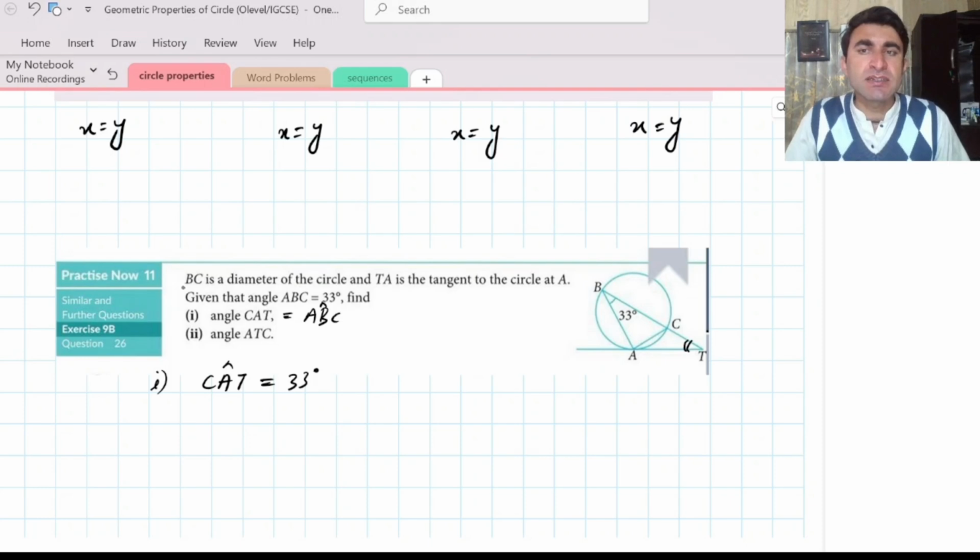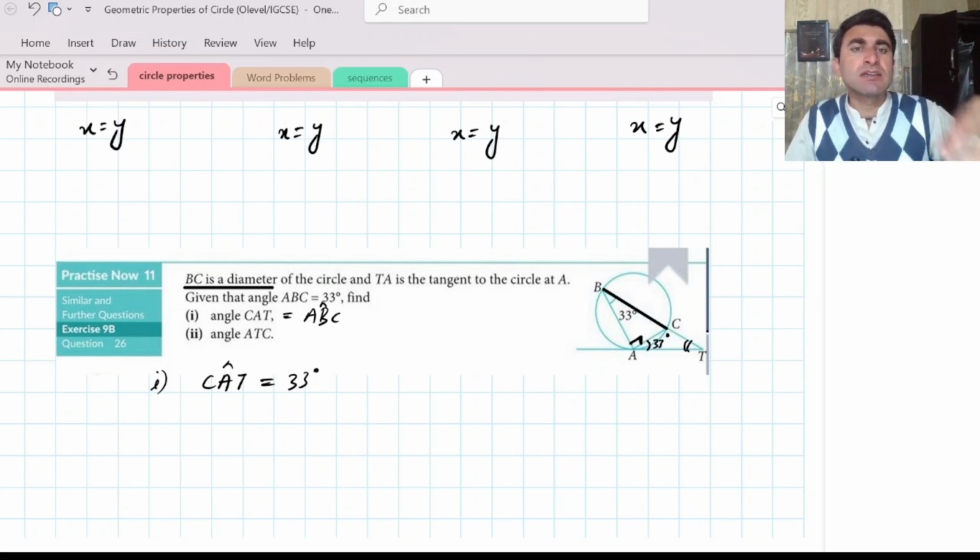It is given that BC is the diameter, so the angle at position A shall be a right angle, because that is the angle in a semicircle, and we have located this other angle as 33 degrees. So we are going to discuss the triangle ABT, and let me draw this triangle over here.